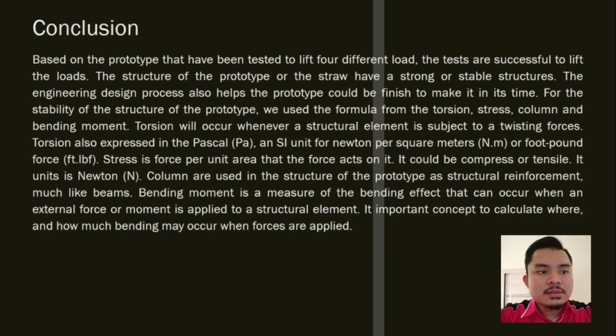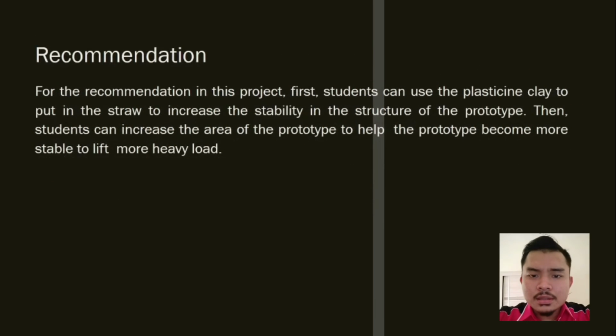Columns are used in the structure of the prototype as structural reinforcement, much like beams. Bending moment is a measure of the bending effect that can occur when an external force or moment is applied to a structural element. It is an important concept to calculate where and how much bending may occur when forces are applied.